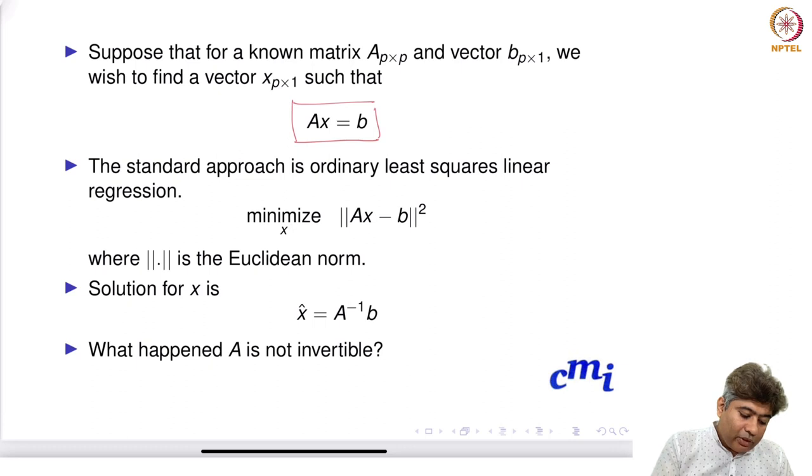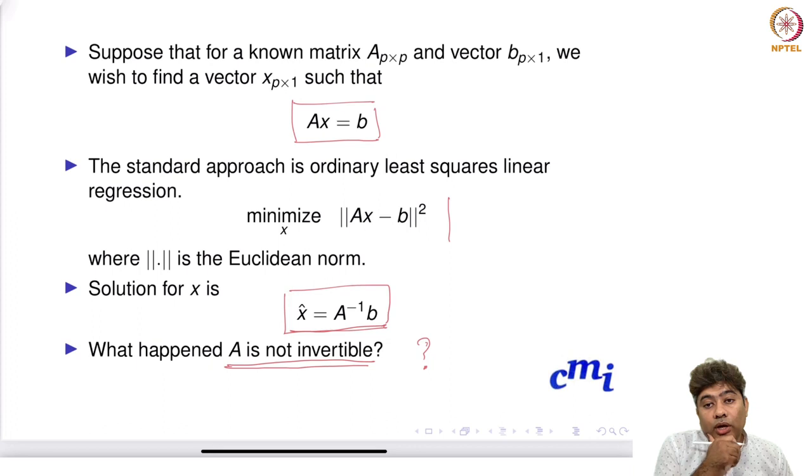The standard approach in ordinary least squares linear regression is to minimize this squared error under the Euclidean norm, and the solution will be A inverse B. Then the question is, what happens if A is not invertible? This is a big question. If A is invertible, then we are in very good shape. We have a solution for the system. But if it is not invertible, then what should we do?